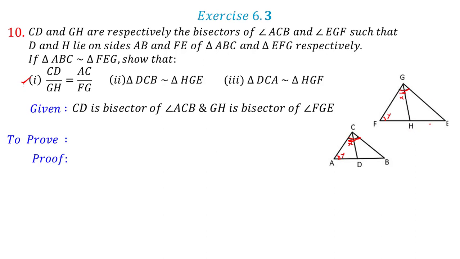In the same way as you proved the first part, you can prove this. And triangle DCA and HGF you have to prove similar. Actually, we proved this third part first, then the first part, and then the second part.